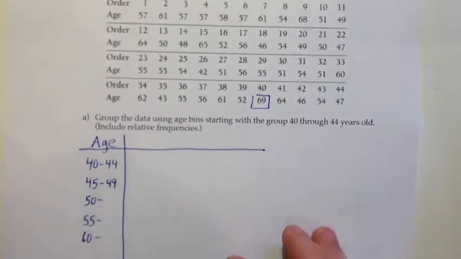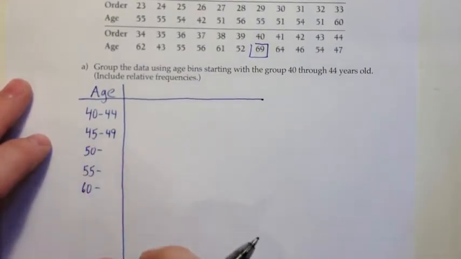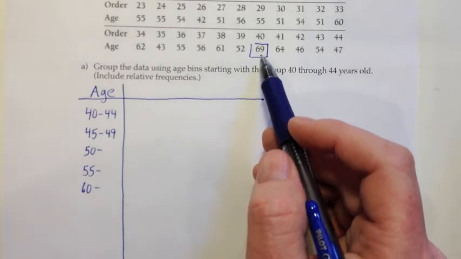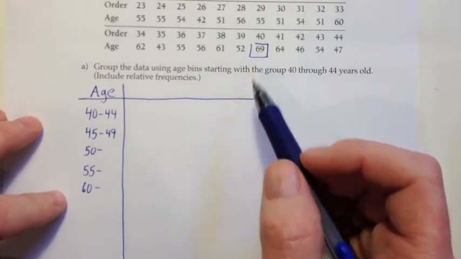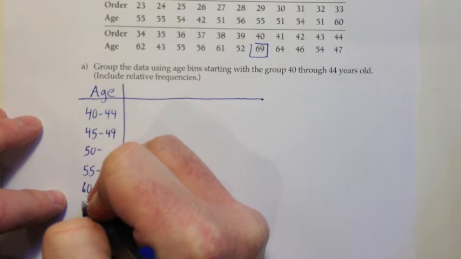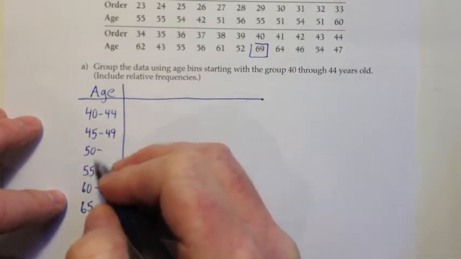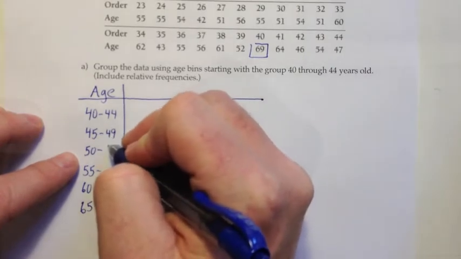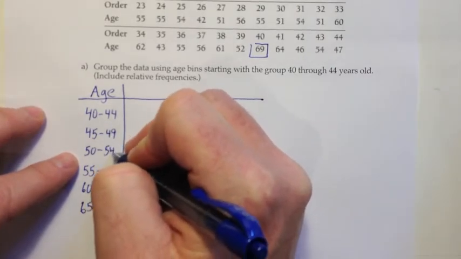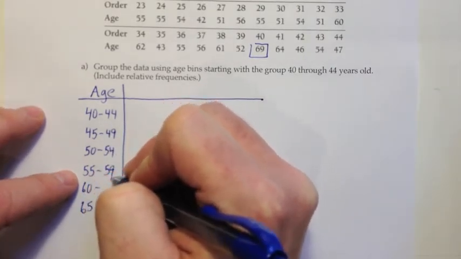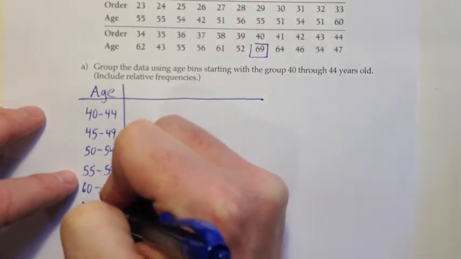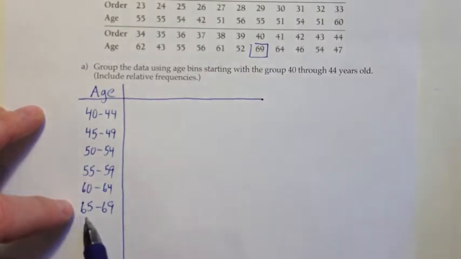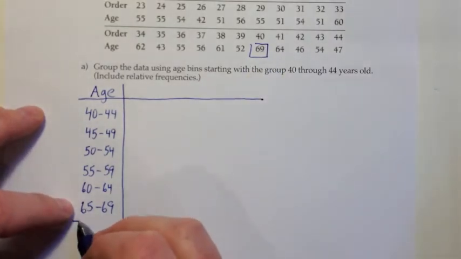So when you're thinking about that question of how far should I go with my grouping, you have to go far enough to contain the oldest or the biggest data value, which in this case would be the oldest president. So I think 65 will do that, and I'll verify that in a second by looking at the right-hand boundaries. Continuing to add 5 onto the right-hand sides, we'd have 54, 59, 64, and 69. So when we see that the 69-year-old president would fit in this class, we can end there.